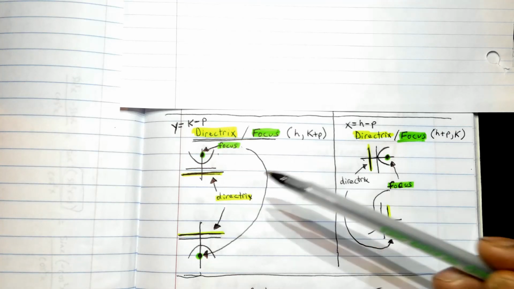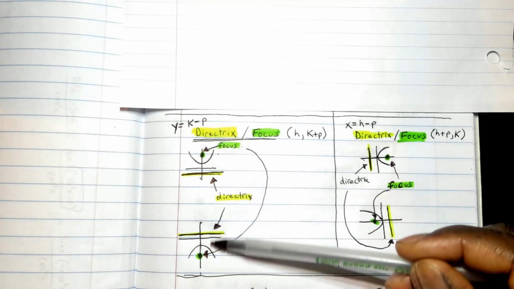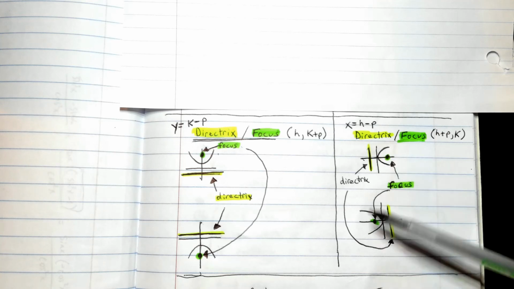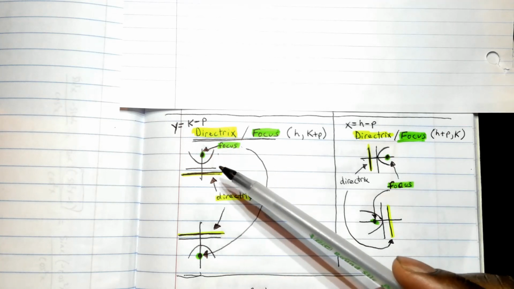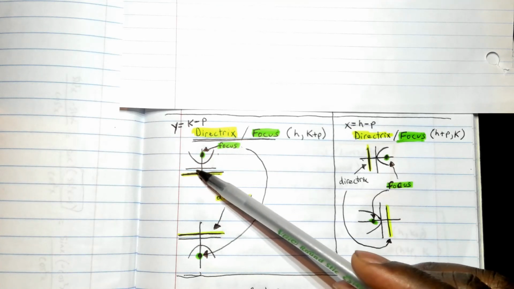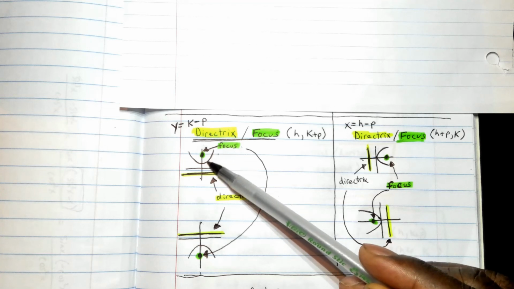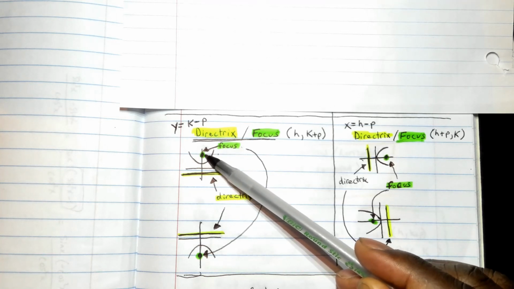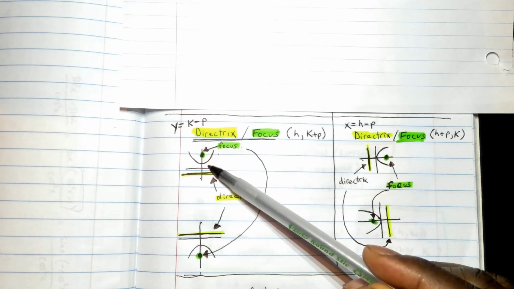So we can see whether we have a vertical parabola or a horizontal parabola. We can make a parabola by thinking about a point, which is a focus, and a line, which is called the directrix. And any point on this parabola is going to be the same distance from the focus as it is to the directrix.